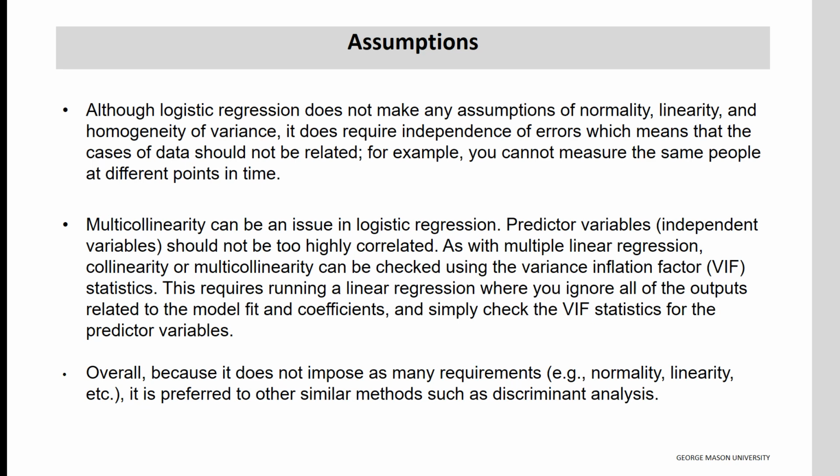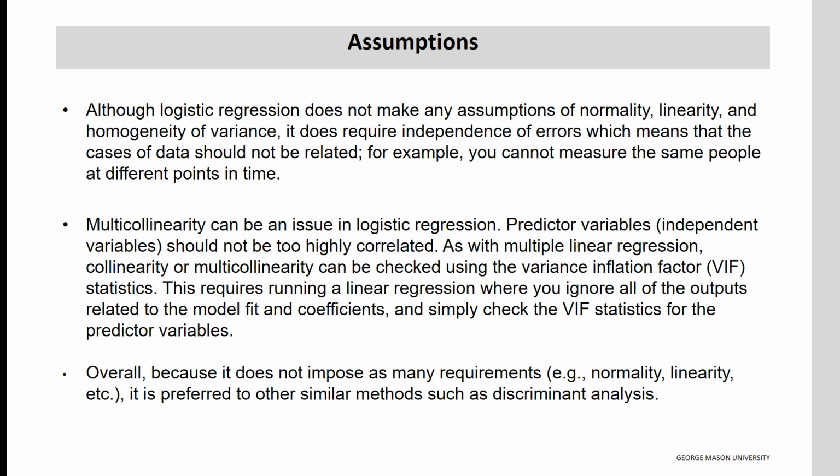Multicollinearity can be an issue in logistic regression. Predictor variables, essentially your independent variables, should not be too highly correlated. As with multiple linear regression, collinearity or multicollinearity can be checked using the variance inflation factor statistics.